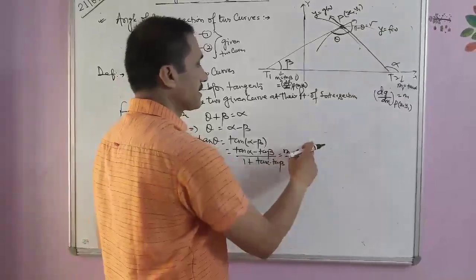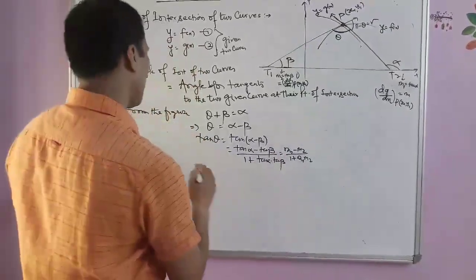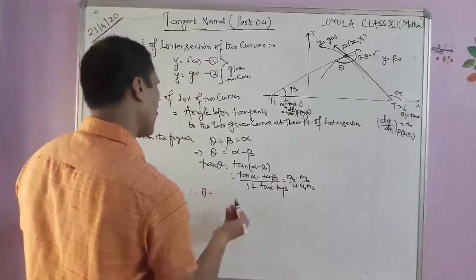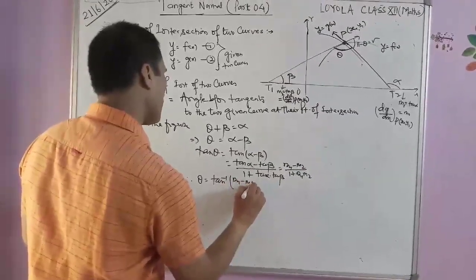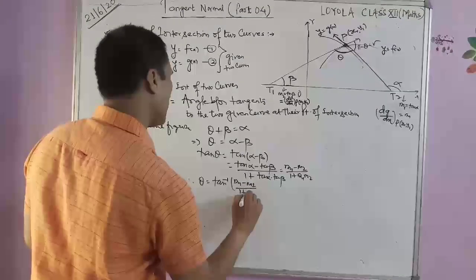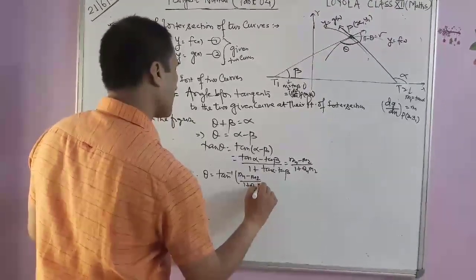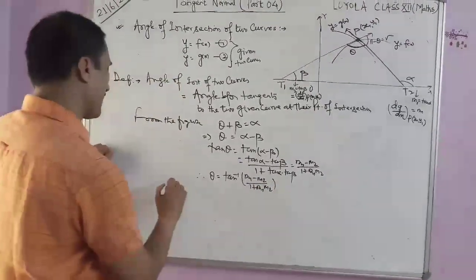So tan theta equals m1 minus m2 divided by 1 plus m1 m2, therefore theta equals tan inverse of (m1 minus m2 divided by 1 plus m1 into m2).